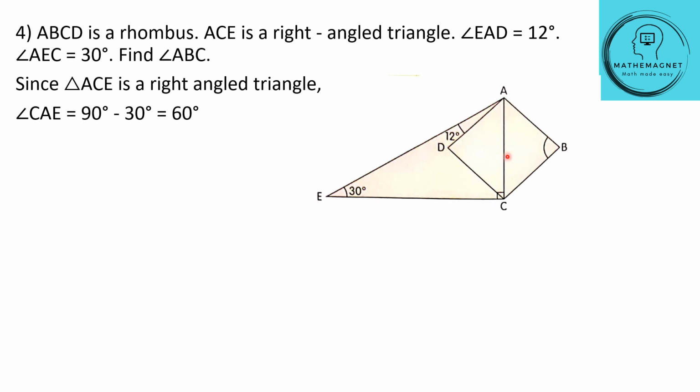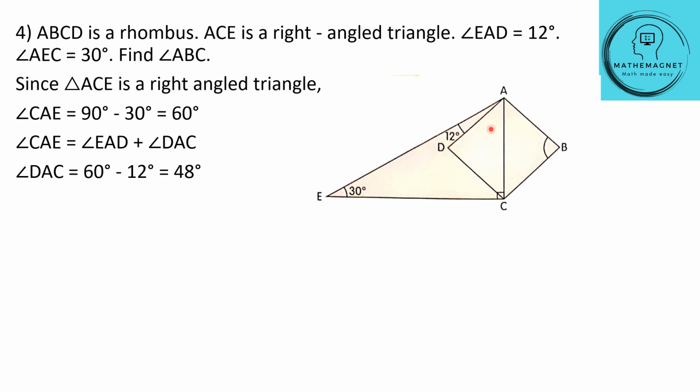Now we know angle CAE is equal to 60 degrees and angle EAD is 12 degrees. So obviously we can now find angle DAC will be equal to 60 degrees minus 12 degrees, which is equal to 48 degrees.